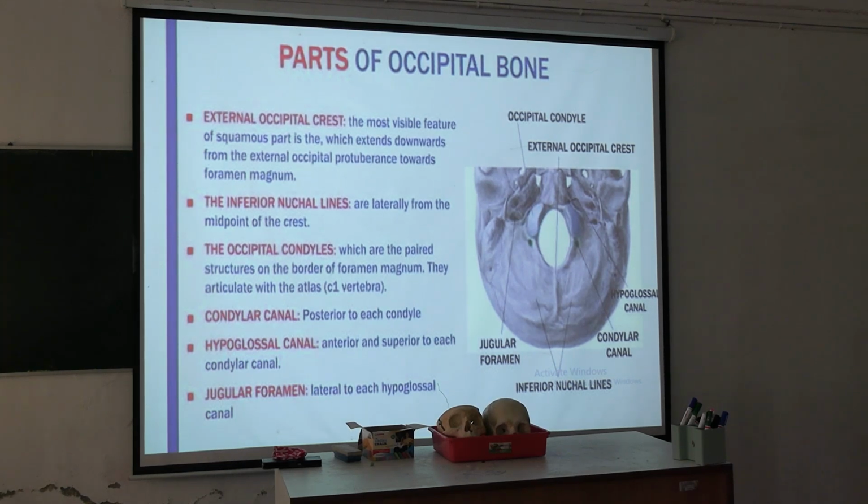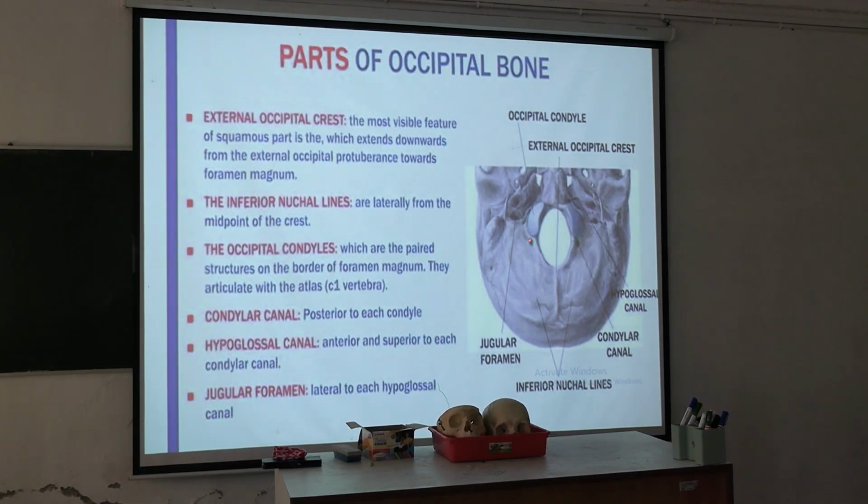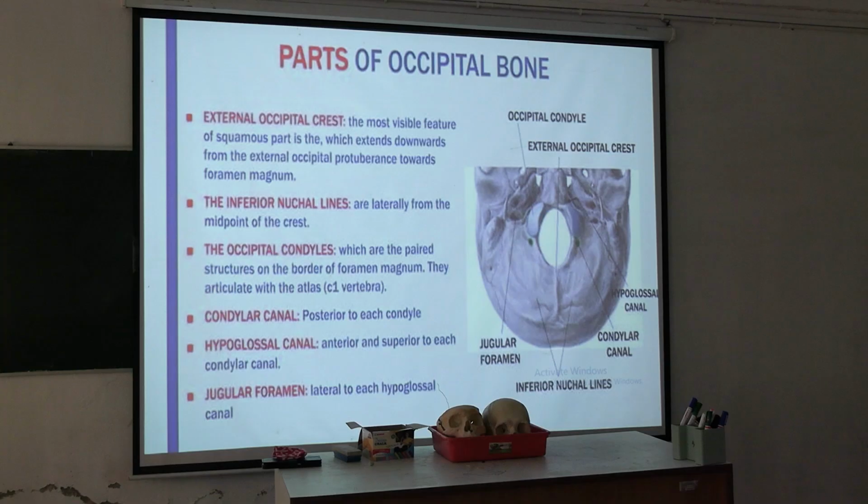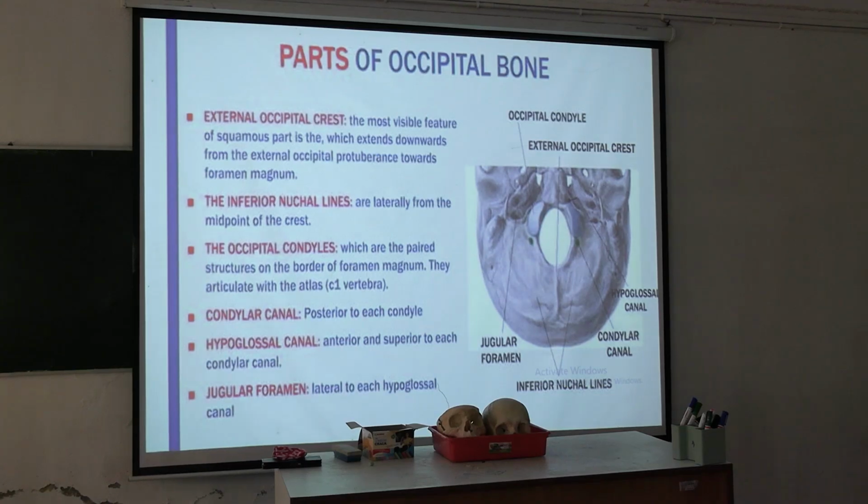Next is the condylar canal. It lies posterior to each condyle. Next is the hypoglossal canal, anterior and superior to each condyle. The hypoglossal nerve passes through this hypoglossal canal.